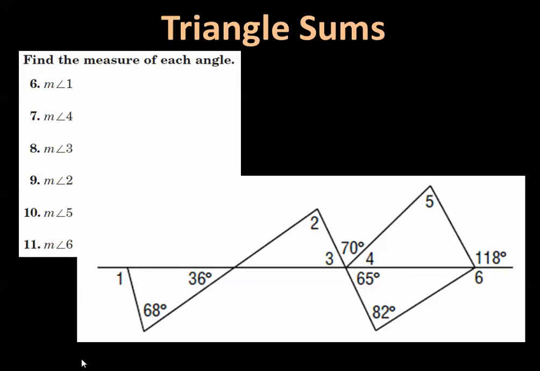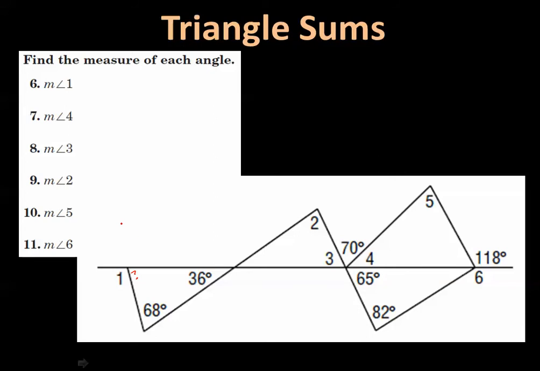Now then, this one says find the measure of each angle, and they want to know the measure of 1, 2, 3, 4, 5, and 6. To find the measure of angle 1, I have to use the triangle sum theorem to figure out the measure of this angle.